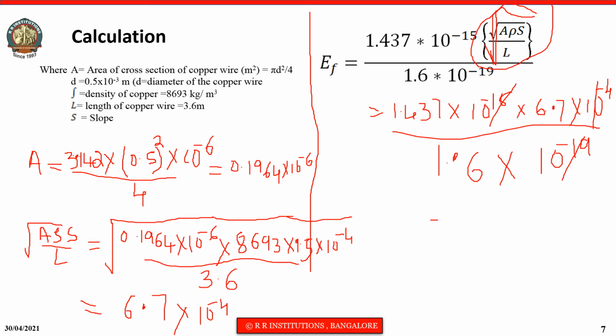So the product of 1.437 and 6.7 comes out to be 9.645, divided by 1.6.